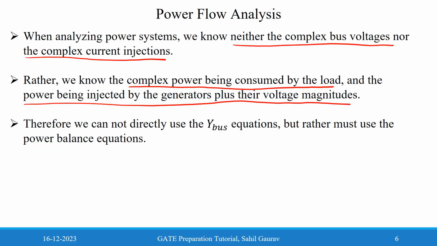Rather, we know the complex power being consumed by the load, that is the load demand power, and the power being injected by the generators and their voltage magnitudes. But we don't know the complex bus voltage and complex current injections at different buses. Therefore we must use the power balance equation so that we can find the different quantities at different buses in the power system.